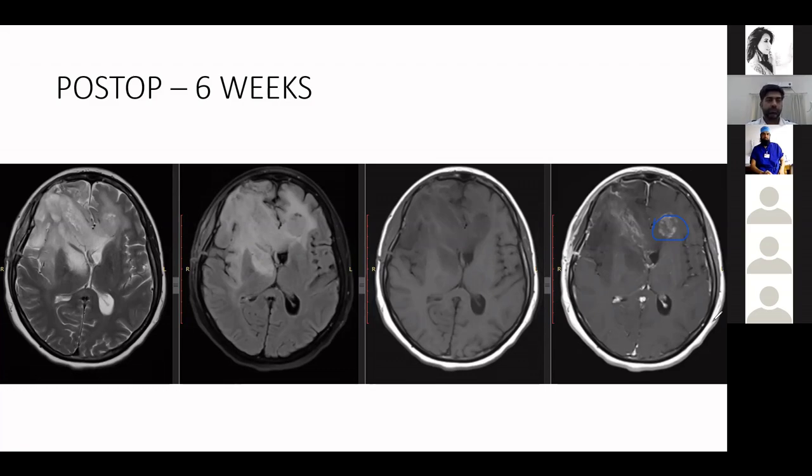Even the enhancement on the right frontal side has a different behavior as compared to the pre-treatment scan. So we will consider it along 2 lines: either this is a residual lesion or these are post radiotherapy changes. We just have to decide at 6 weeks whether the lesion has completely resolved and these are post radiotherapy changes.